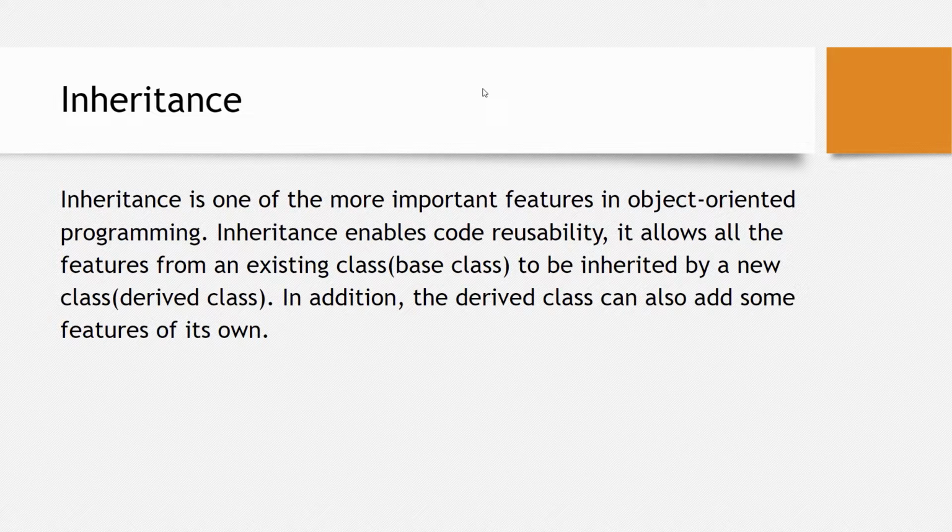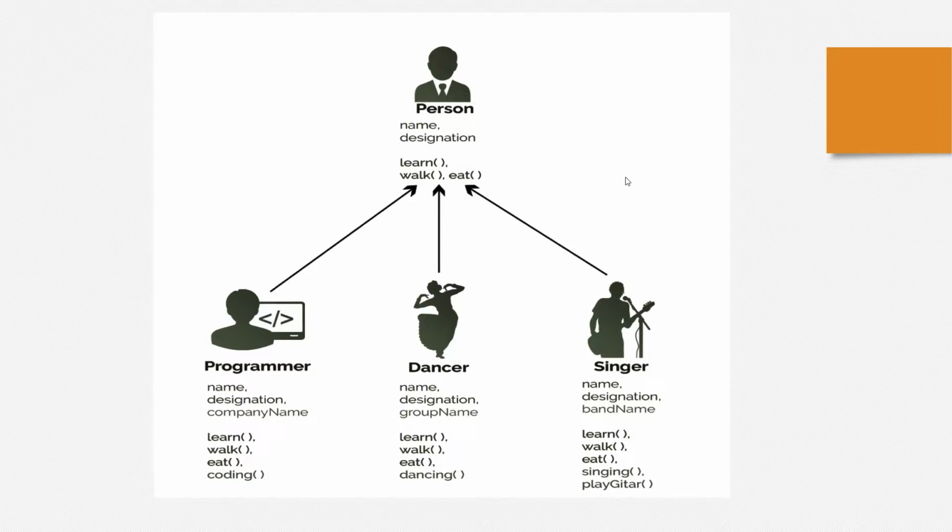You will not write everything inside the class again. Instead, you will inherit from the base class and use whatever you want from it, and you have your own functions or features added into it.